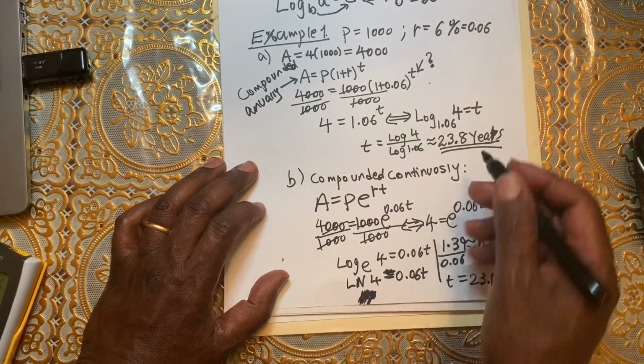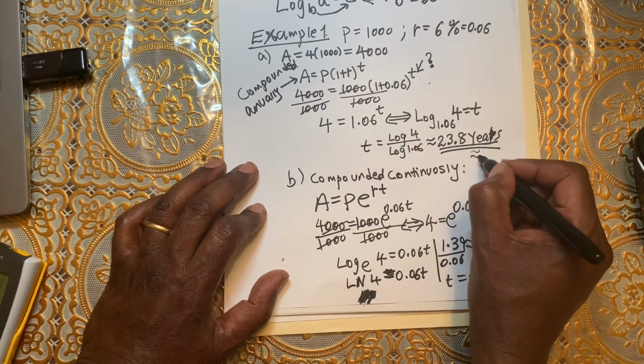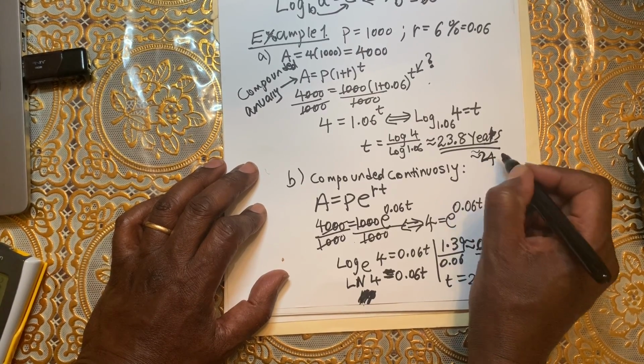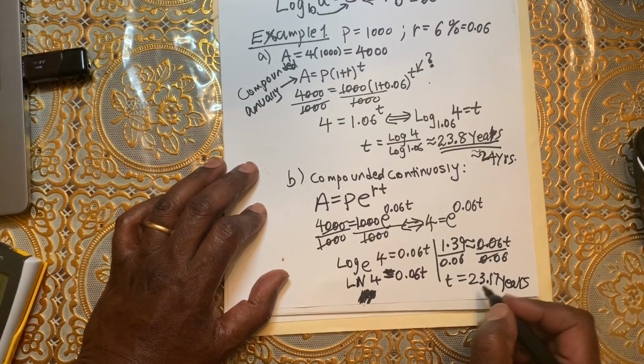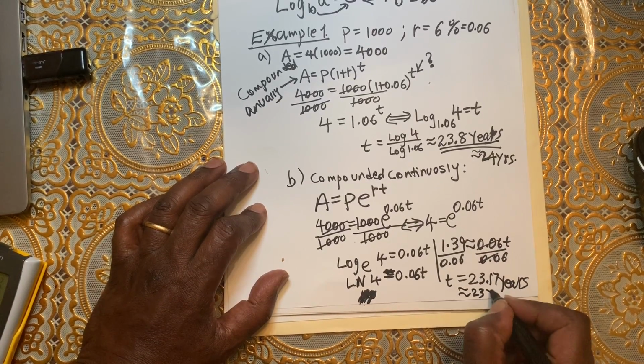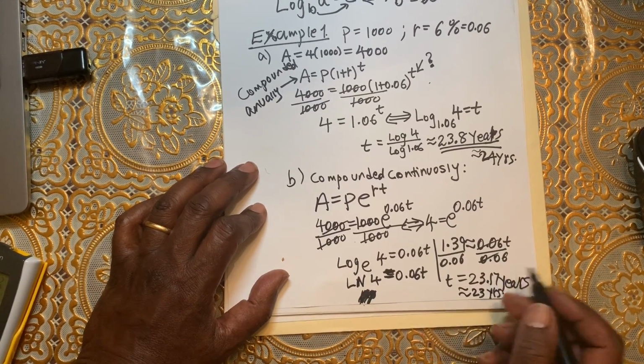The annual one is approximately 24 years if you round it, and this one is approximately 23 years when it is continuously compounded.